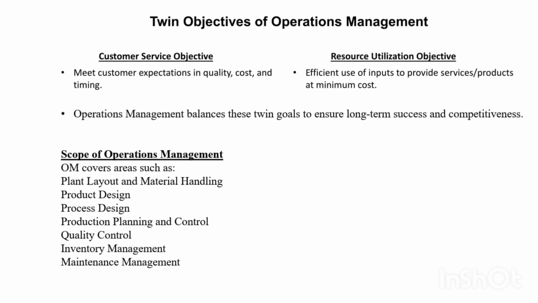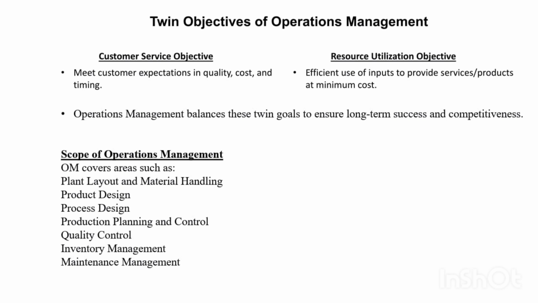If you only focus on customer service, for example giving free delivery and the best quality, the company will lose money and shut down. If you only focus on resource utilization, meaning you cut costs and use bad materials or delay delivery, then the customers will leave. So operations management is a balancing act. A happy customer plus a profitable company is what is required.